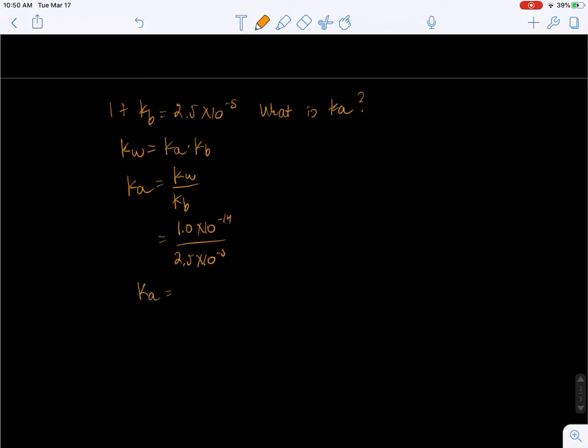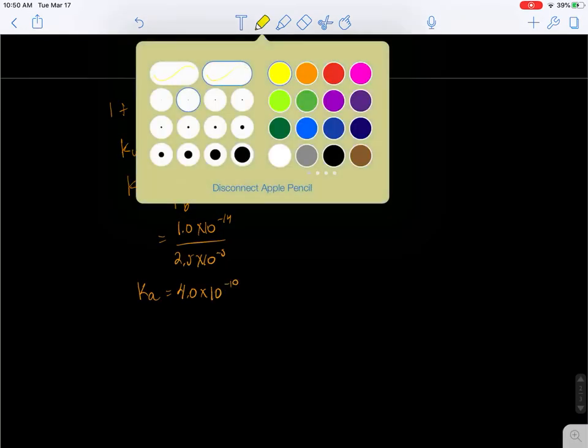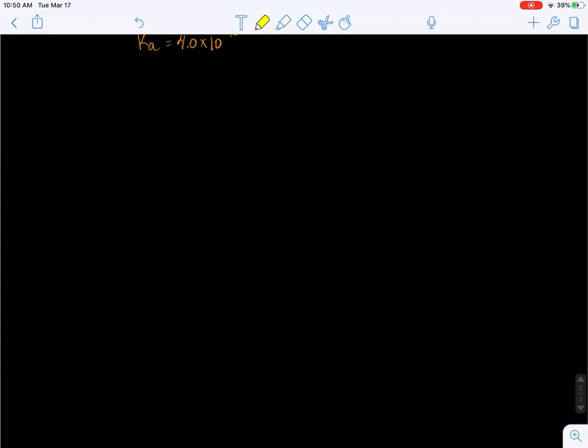Now, we're not saying an acid is a base or a base is an acid, but remember, the acids and conjugate bases are flip sides of the same kind of coin. On my calculator, I get 4 times 10 to the minus 10. Okay? So let me give you your practice problem. Let's try this one.